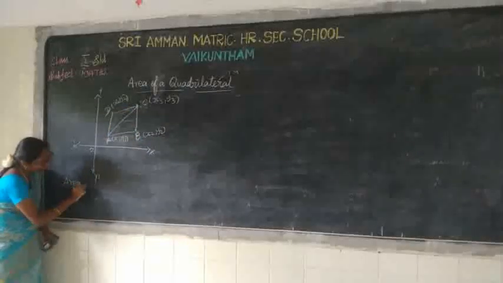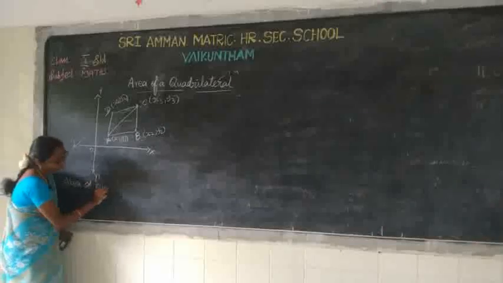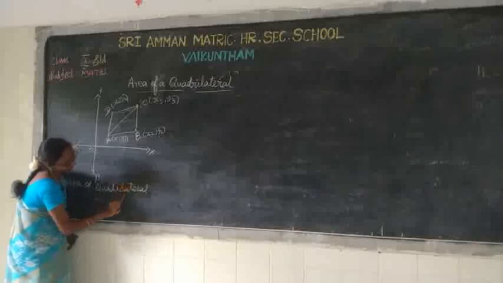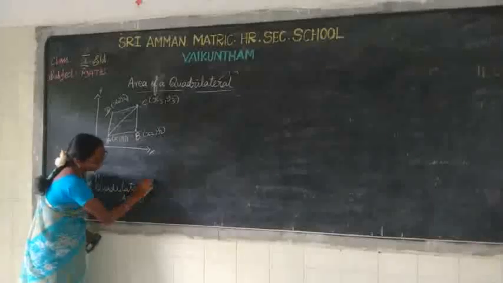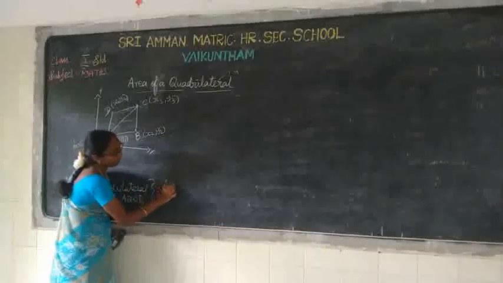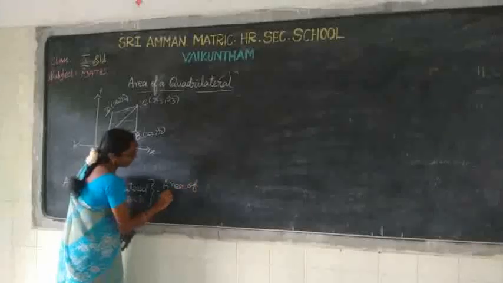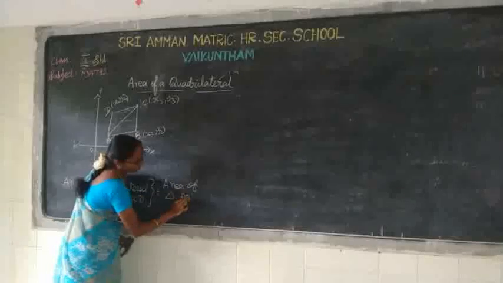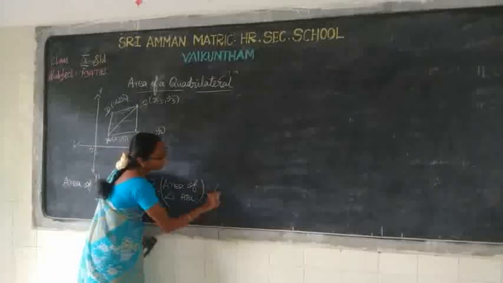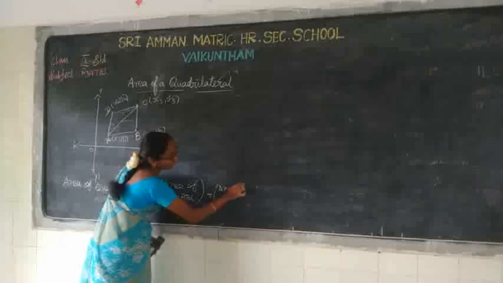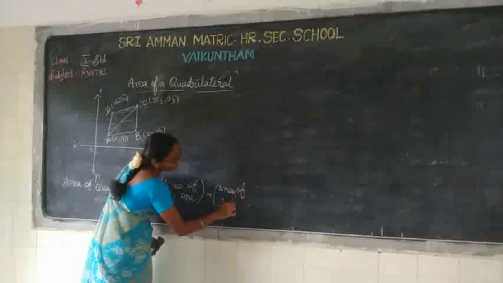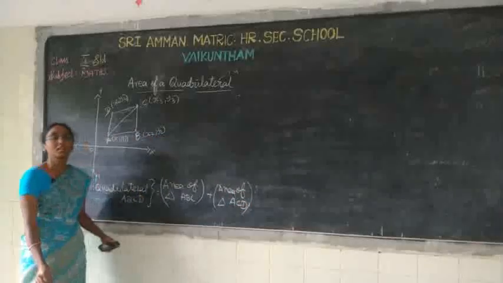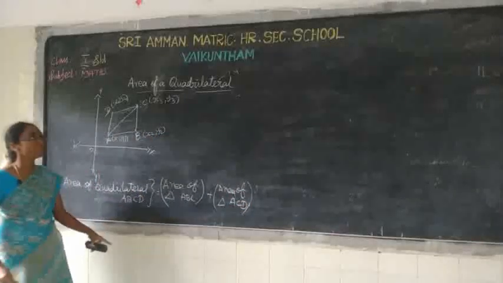So the area of quadrilateral ABCD is equal to the area of triangle ABC plus the area of triangle ACD.